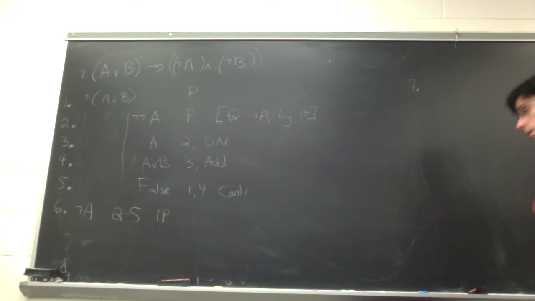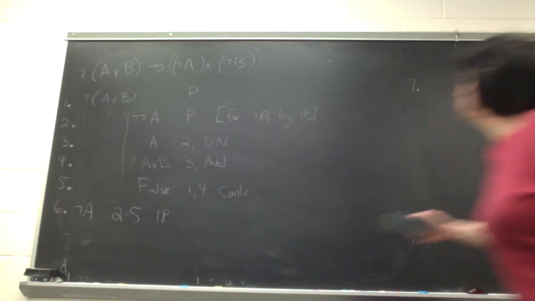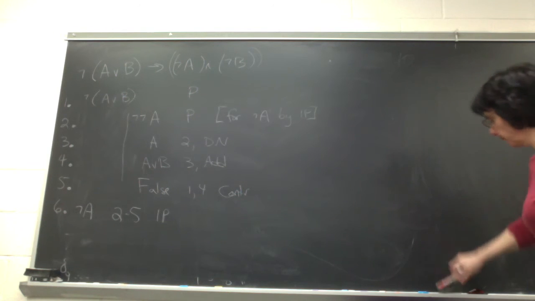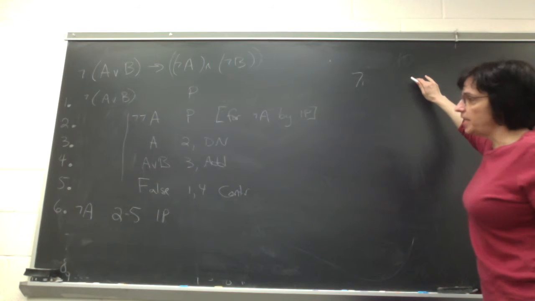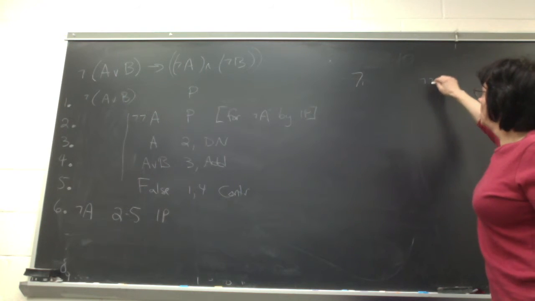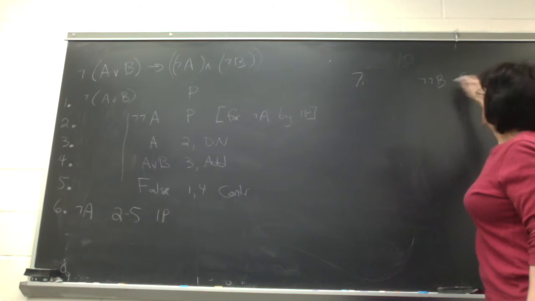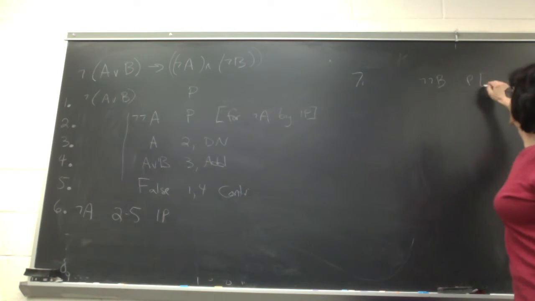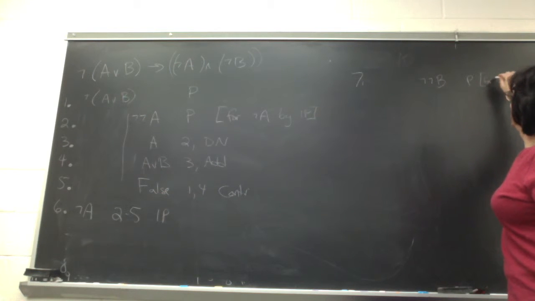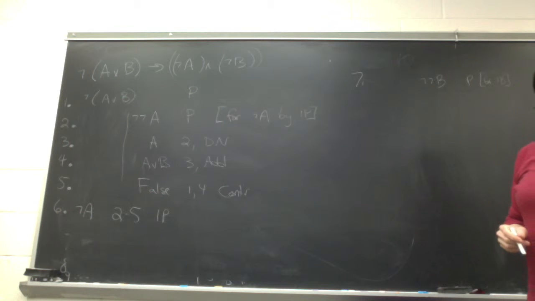Let me find my eraser. Move over a teeny bit. So here's line 7. I'm going to indent, and now I'm going to assume not B, which will be my premise. Oops. Premise for not B, right? You guys good? You with me?